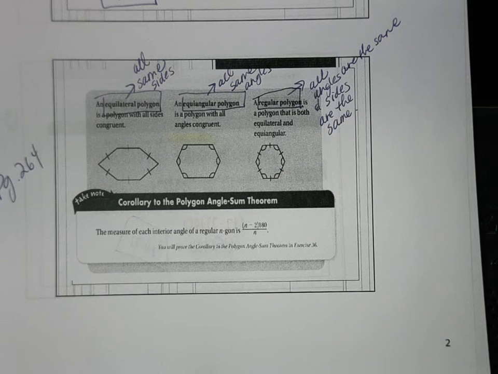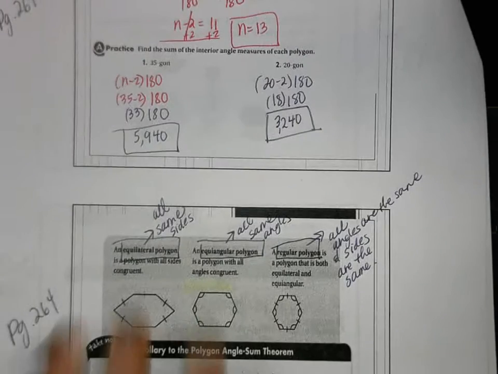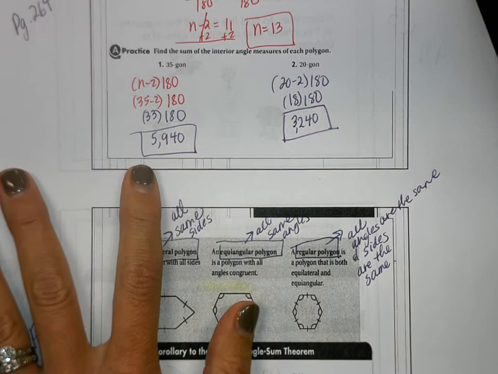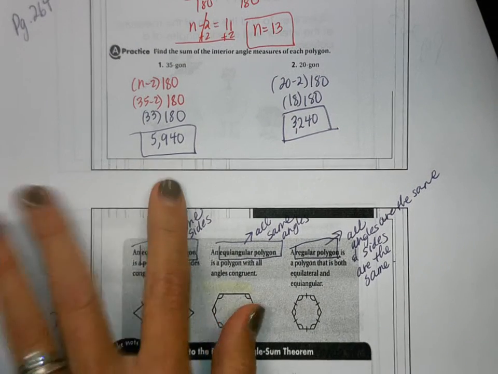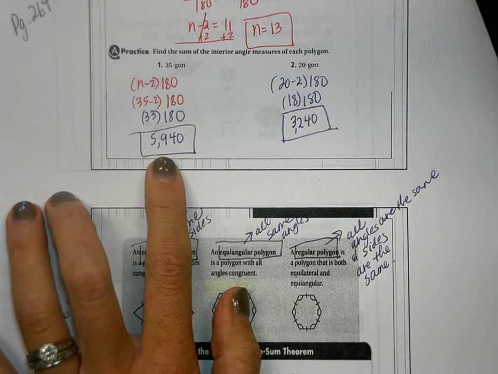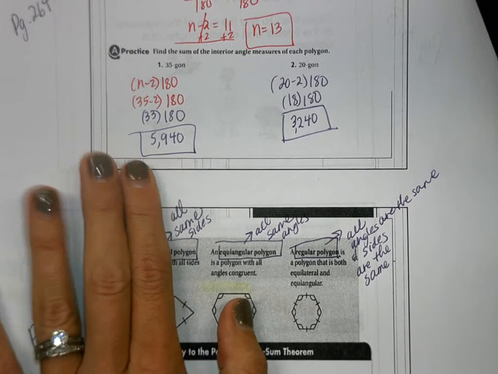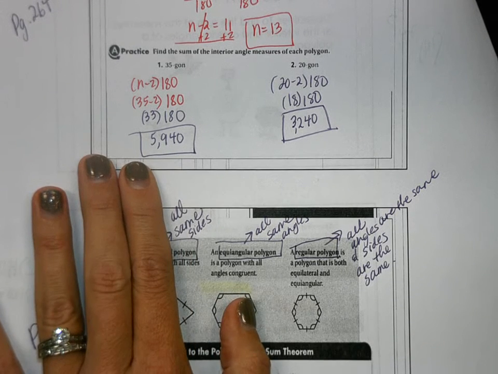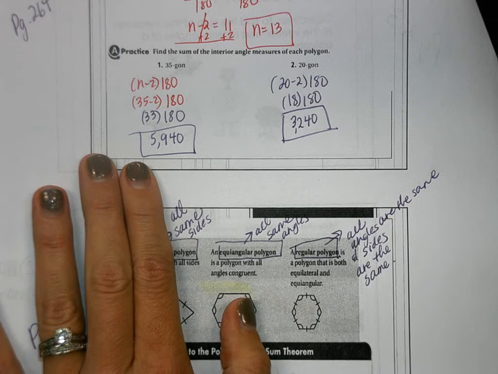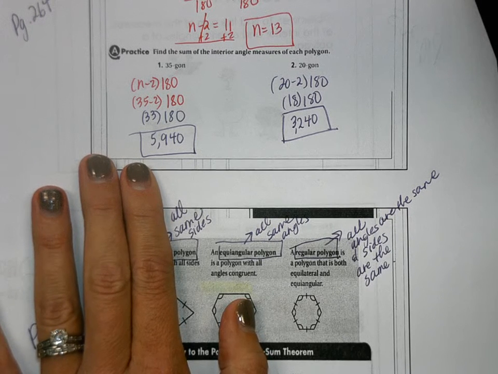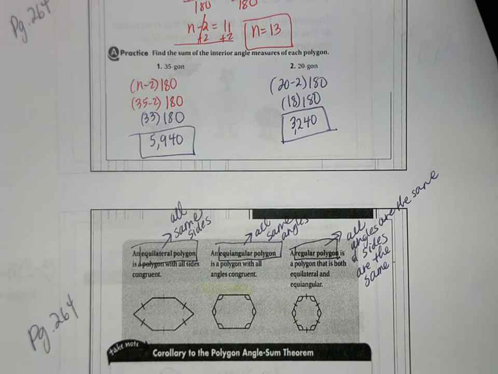If I go back to this 35-gon, and I know that inside all of the angles add up to 5,940, and I wanted to find out specifically how much each angle is, what would I do? Divide by what? 35. If you have 35 sides, you have 35 angles.